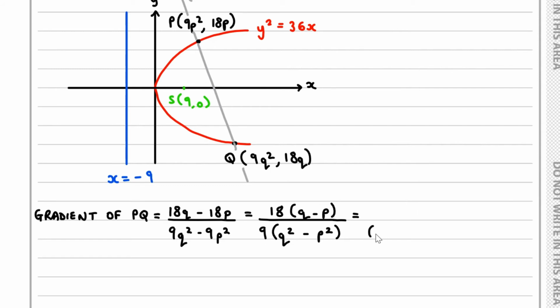So here we have q plus p, lots of q minus p on the bottom, and on the top we have 2 lots of q minus p, and the q minus p's cancel on the top and bottom, leaving us with p plus q on the bottom, and on the top we've got 2. So that's the gradient of PQ.